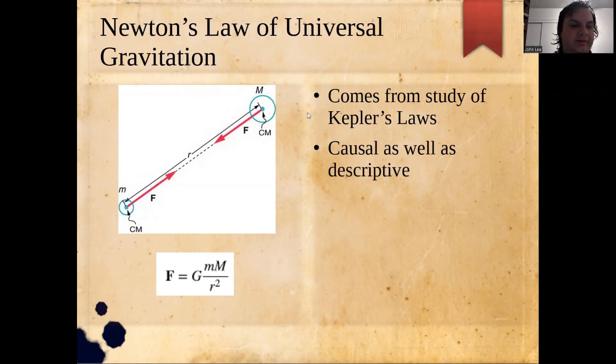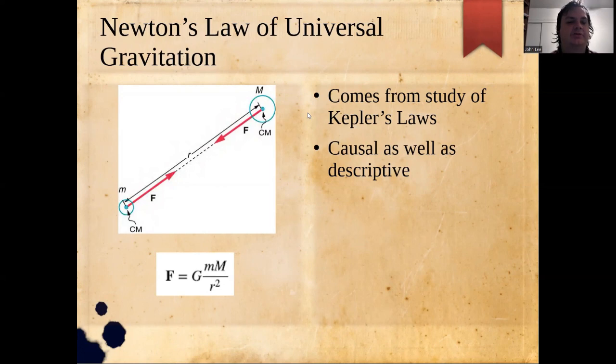So if you're at Mount Everest and you're at sea level, then that r, that radius, is going to be basically the same. So you get constant acceleration for any different object.